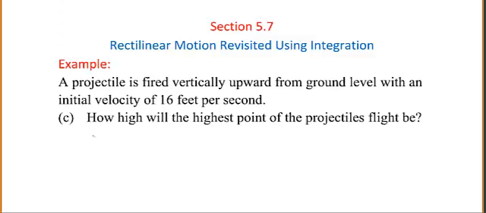So here's what we'll have to do. We want to know how high it is. How high is position? So we want to find S when v of t is equal to 0.